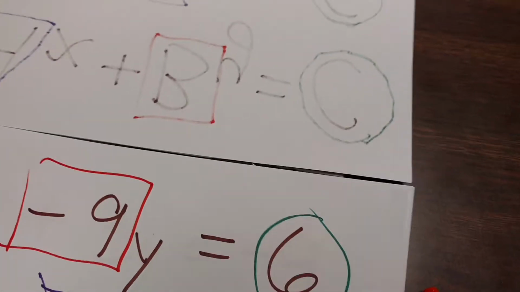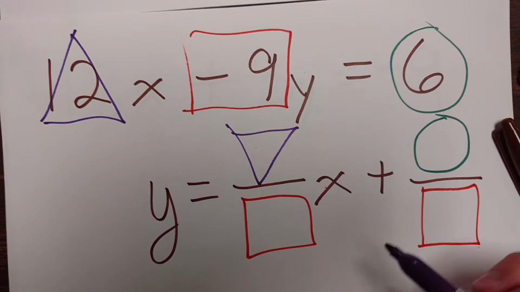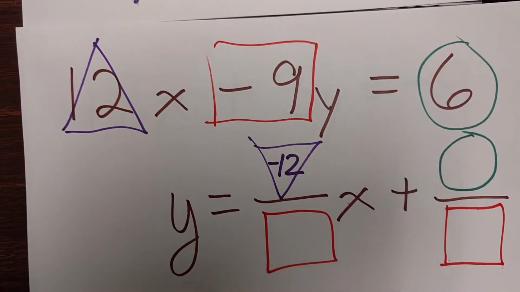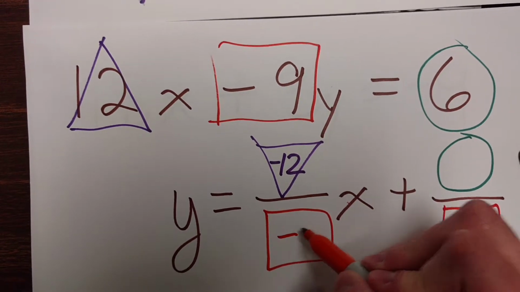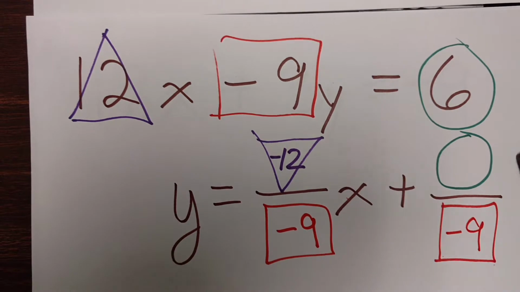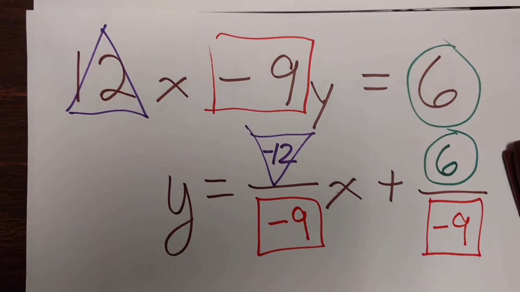I've got my equation set up nicely. Now all I have to do is put in my numbers. The opposite of 12 is negative 12. My b value is negative 9. And then my c is 6.